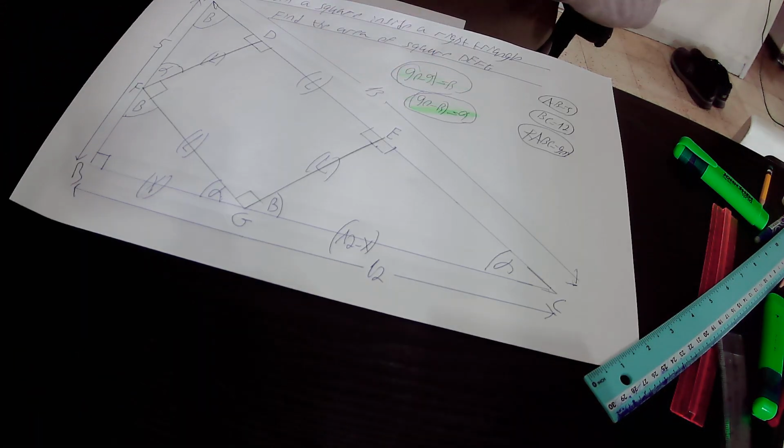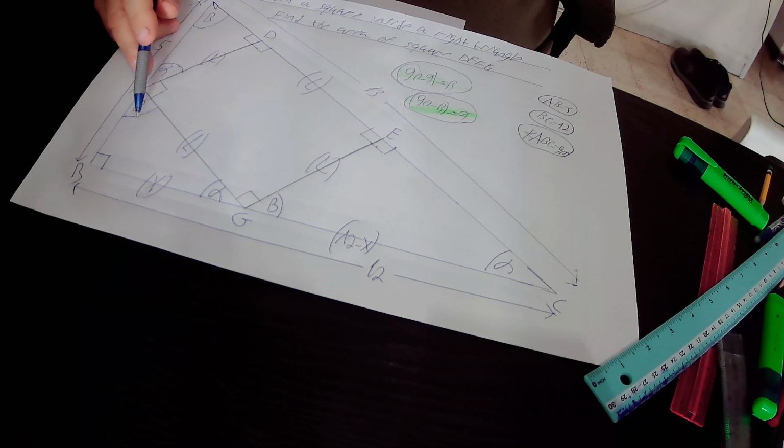I repeat again that because the big right triangle ABC is similar to this small right triangle FBG, the following relationship exists between their sides.